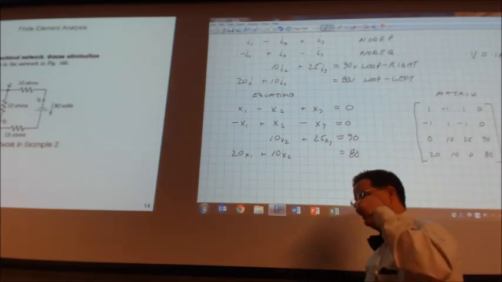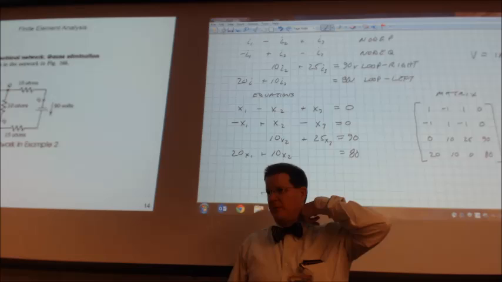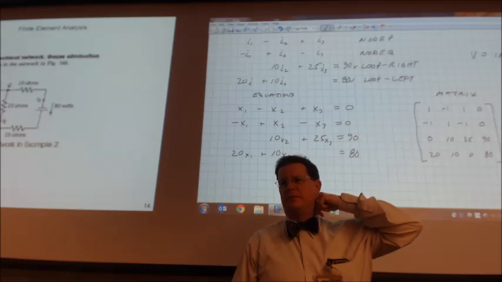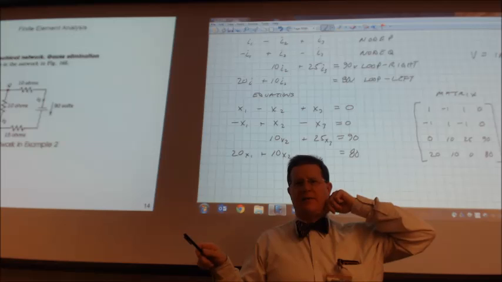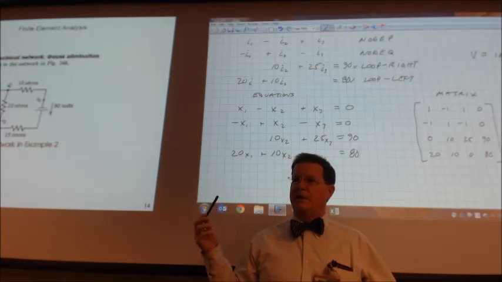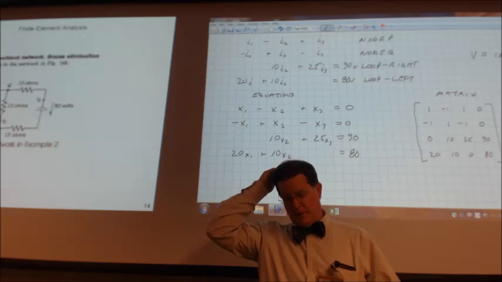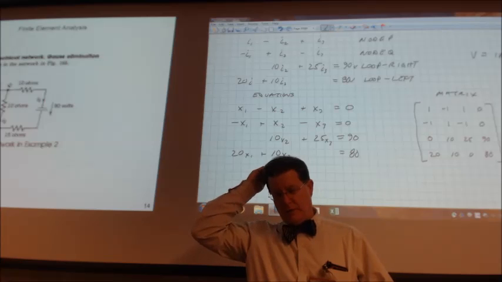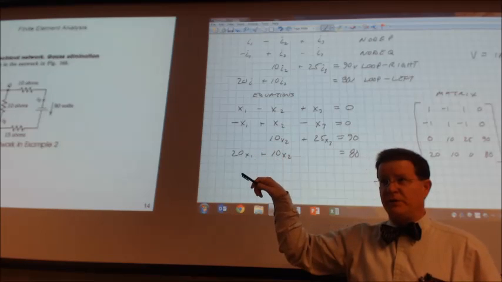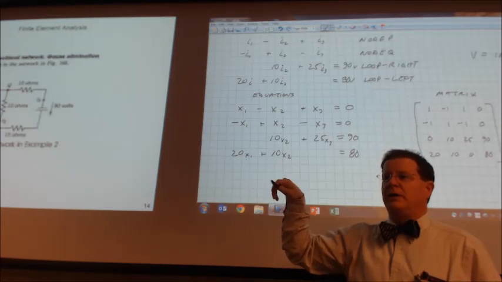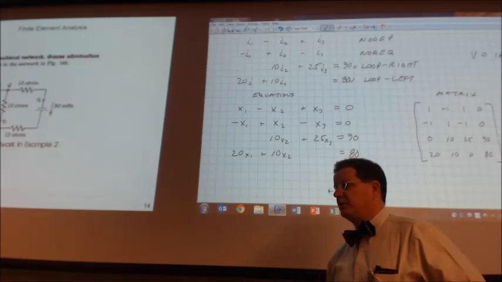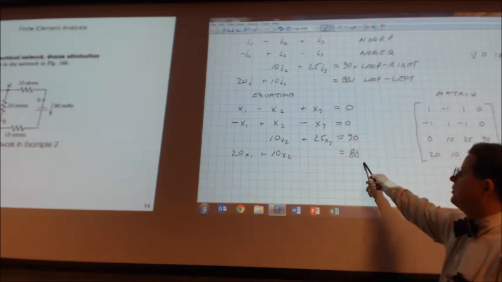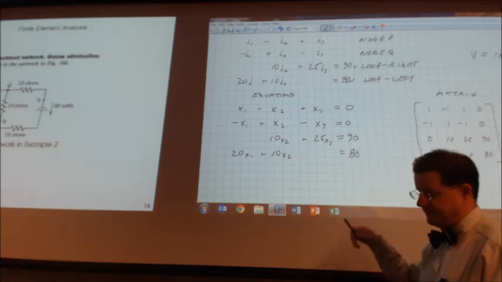So we have what would be an overdetermined matrix, meaning we have more equations than we have unknowns. And an underdetermined matrix would be we have more unknowns than we have equations. And a determined matrix is just you have the same number of unknowns as you have equations. So we should be able to come up with a solution for this.